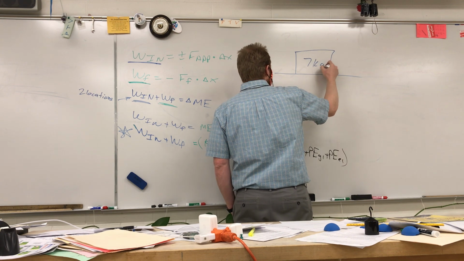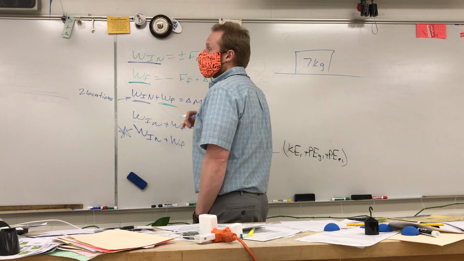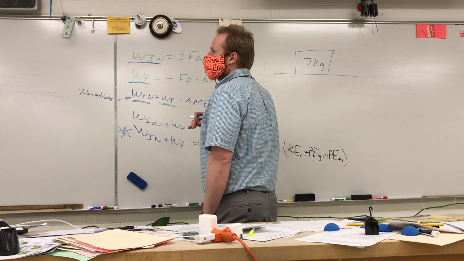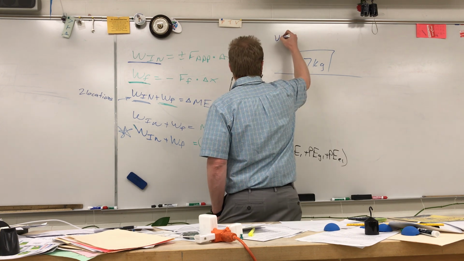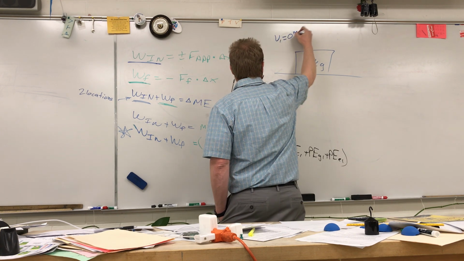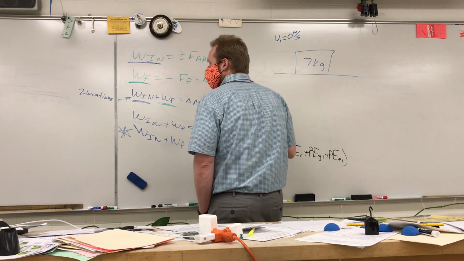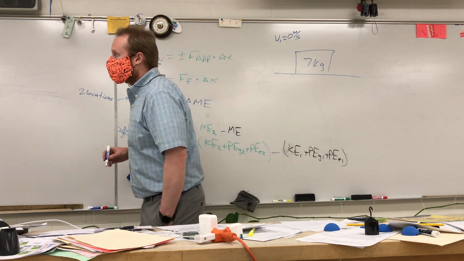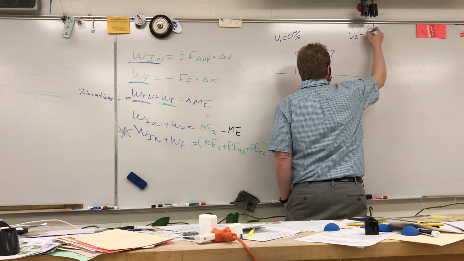It says there's a 7 kilogram crate that is accelerated horizontally from rest. That means my V1 is 0, by a force of 40 newtons for a distance of 2.5 meters. What is the final velocity?